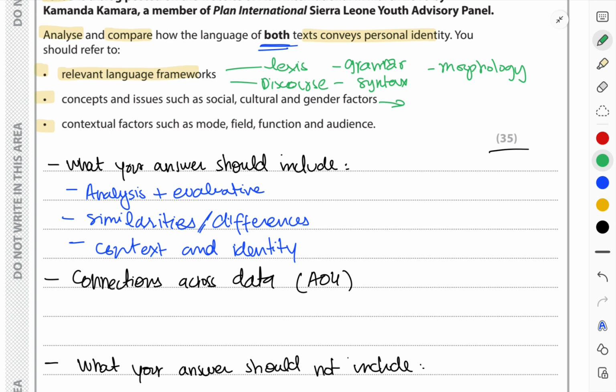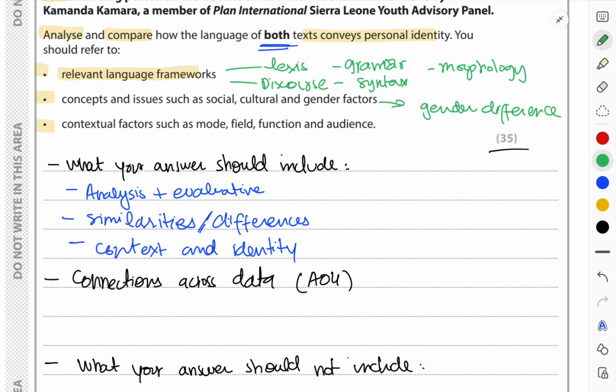For example, if you have two texts, and text A has a speaker that's a girl, or a woman, and the speaker of text B, or the writer of text B, is a male, there's a clear gender difference.